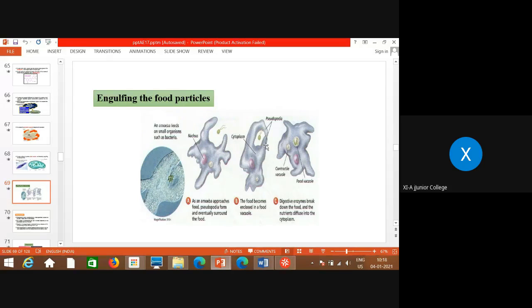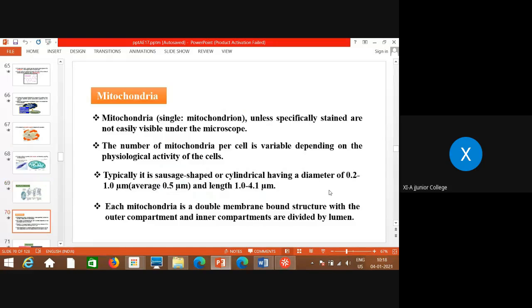Once the food gets digested, the remaining undigested part, which is called excreta, is released out again with the help of the pseudopodia itself. So for ingestion of the food as well as for the excretion, these pseudopodia play the role. The main important point we are discussing here is the food vacuole and contractile vacuole, which have an important role in these organisms.